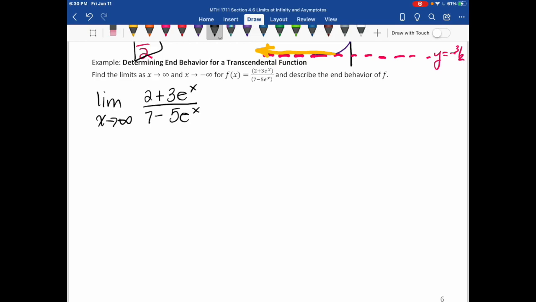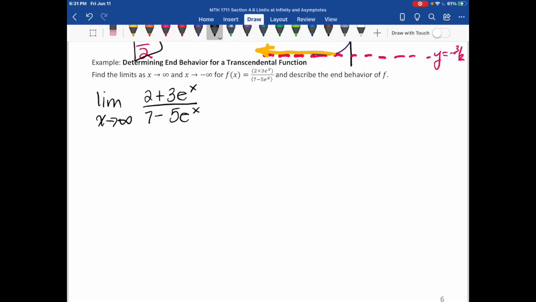Now, if we start thinking about plugging in really large numbers in for x, e to the x is going to get really, really big. And we're going to end up with infinity over infinity for this fraction.